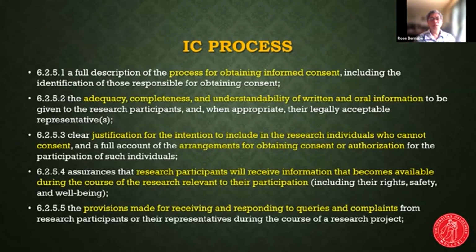Okay. Next will be the informed consent process. An ethics committee needs to look into the process for obtaining informed consent. We have seen this a while ago, including identification of those responsible for obtaining consent, and the adequacy, completeness, and understandability of written and oral information given to research participants and/or legally acceptable representatives. Again, we saw this a while ago.